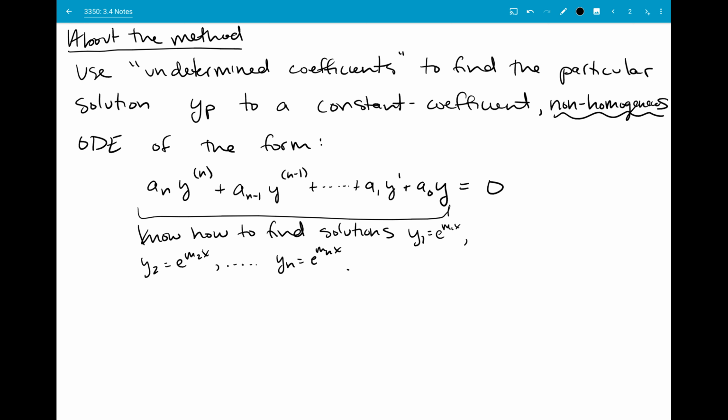Maybe those would be sines and cosines if you had imaginary roots, but you get the idea. You learned how to do that last section. That's what constant coefficient means.